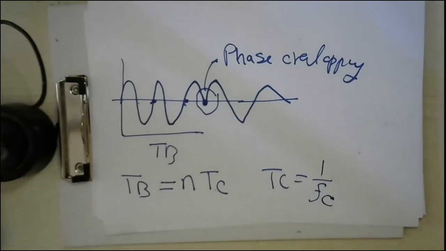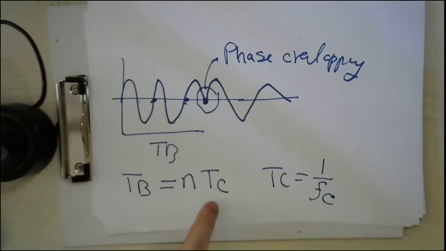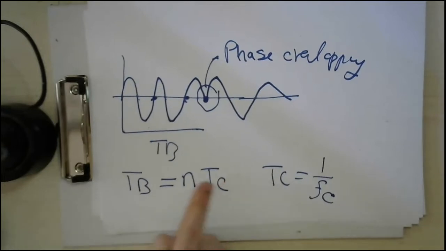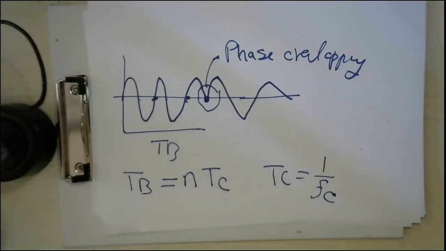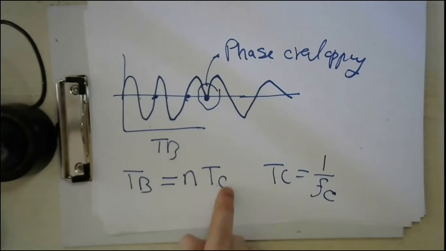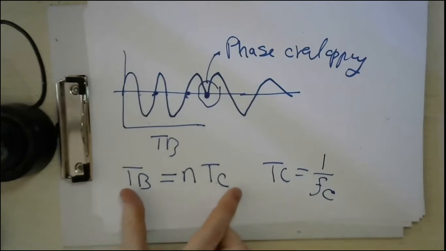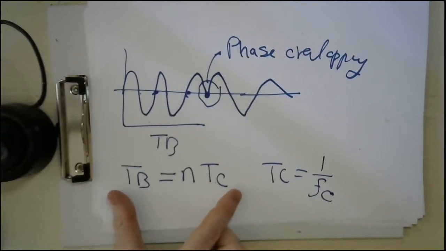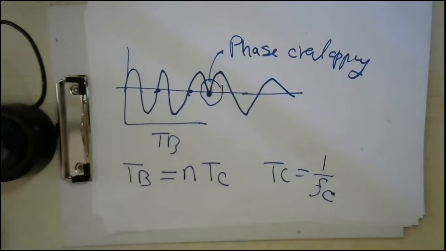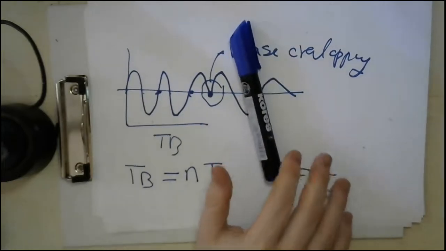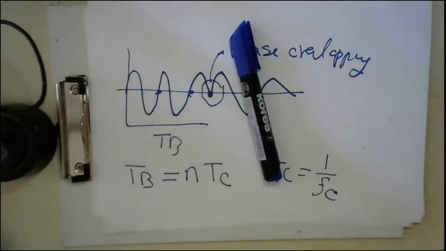So there is a coherency between TC and TP. For example, you have TC equal to 1 second and TP equal to 10 seconds, so you have 10 cycles per bit. Or you have TC equal to 0.1 second and TP equal to 1 second. Then we have this coherency. So this is the coherency condition. Otherwise, you will have a non-coherent frequency shift scheme with some sort of phase overlapping.